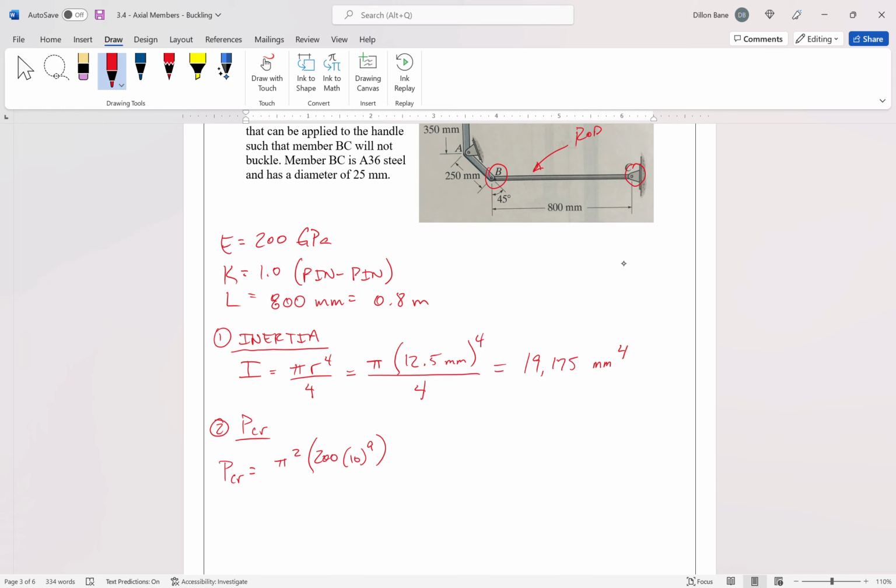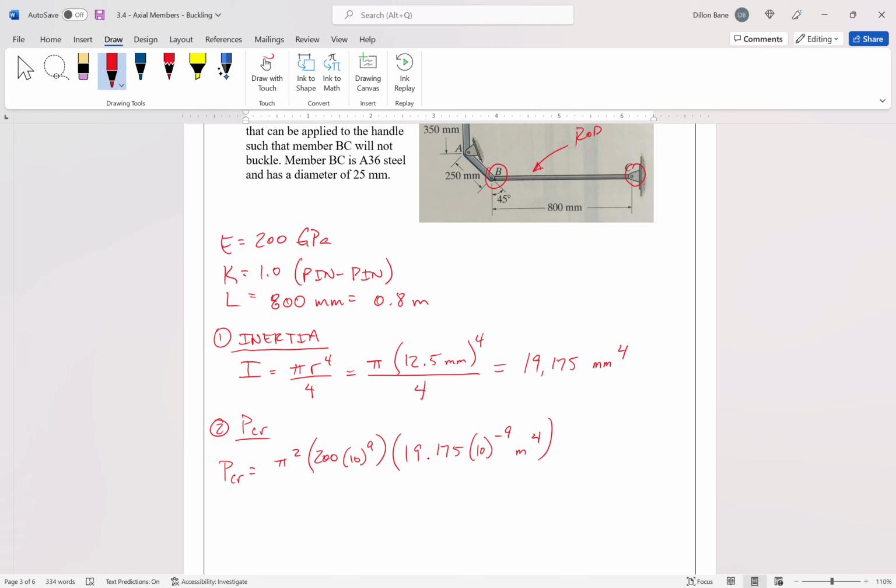Our moment of inertia is 19,175. I did not write this number out, but we need to move the decimal over 12 times, so we get 19.175 times 10 to the negative 9th meters to the 4th.